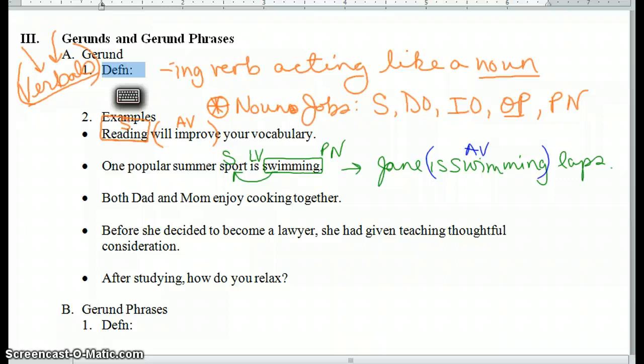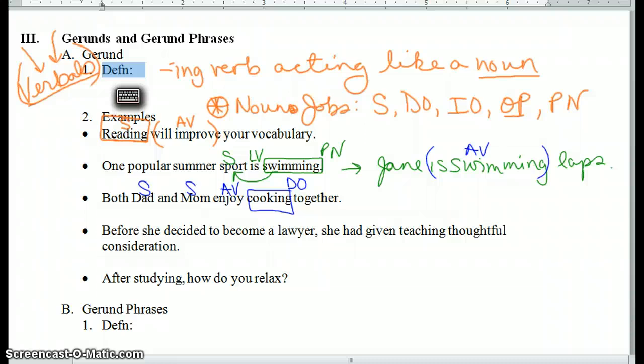Both mom and dad enjoy cooking together. Enjoy is my action verb. Who enjoys it? Mom and dad. What do they enjoy? They enjoy cooking. Direct object. Before she decided to become a lawyer, there's a clause, she had given teaching thoughtful consideration. So I start looking for ing verbs. They must be ing.